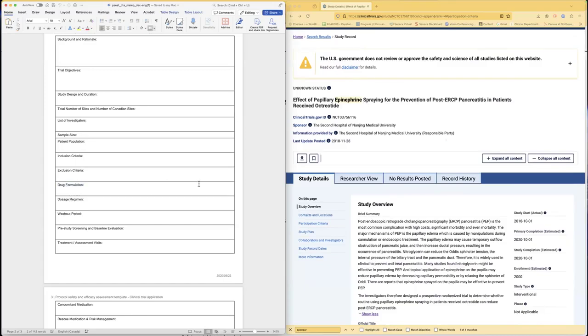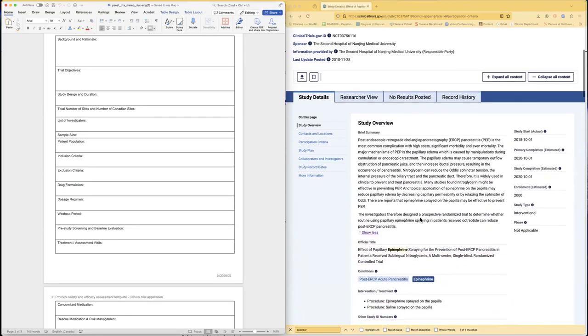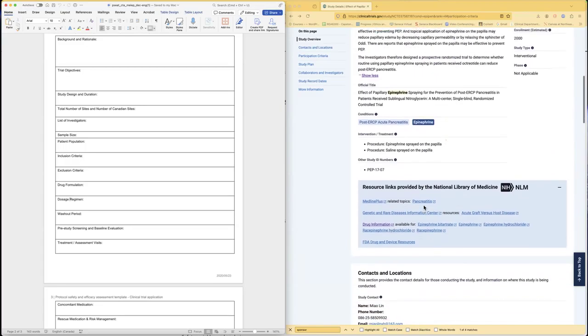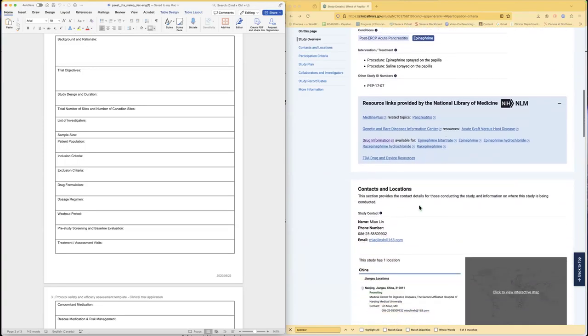Now for the dosage regimen, as you remember, we couldn't find the dosage exactly. So for this study, we couldn't, of course, use this. We would need to search from other sources the dose that has been used in this study. But again, this is a case where you're working on an example, a training for completing the PSEAT form.